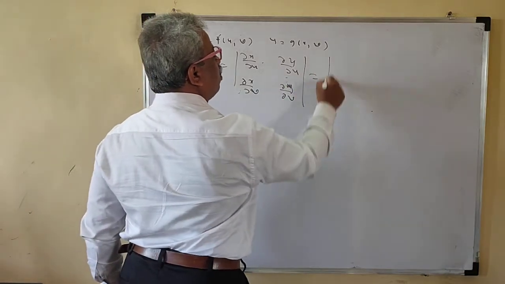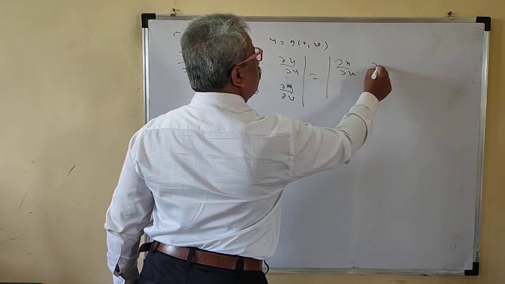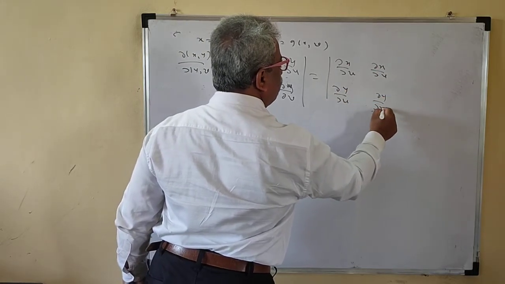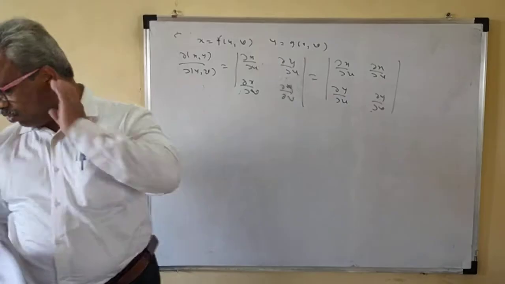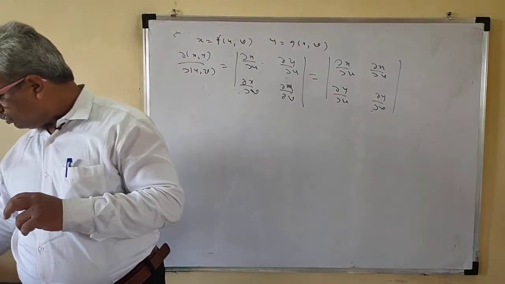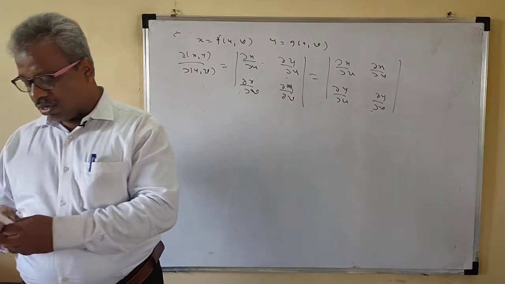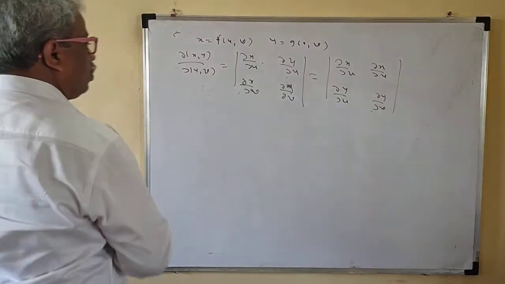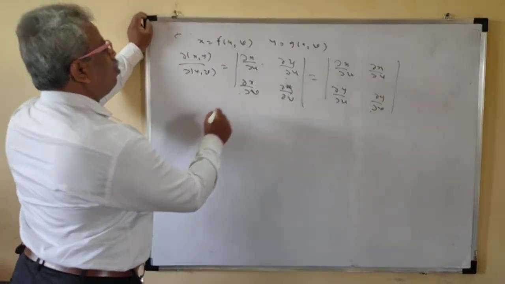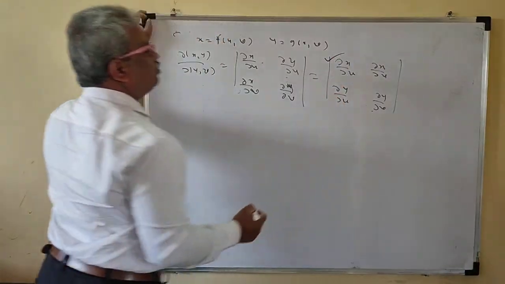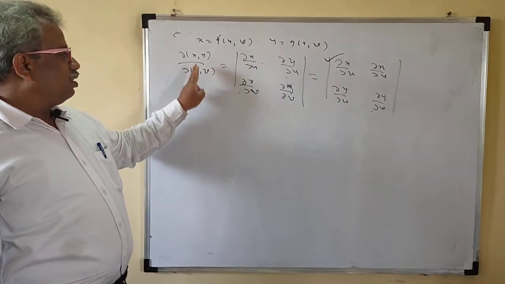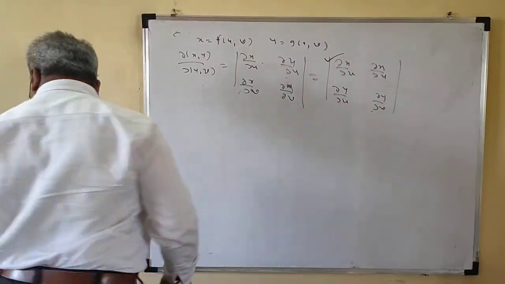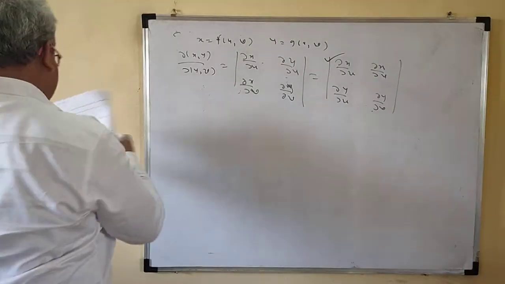Or you may write this as dou x by dou u, dou x by dou v, dou y by dou u, dou y by dou v. Both are correct. Generally we will use this one, because we differentiate x with respect to u and v, and y with respect to u and v. Now we'll solve some problems on the Jacobian.